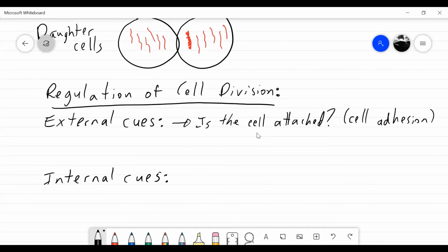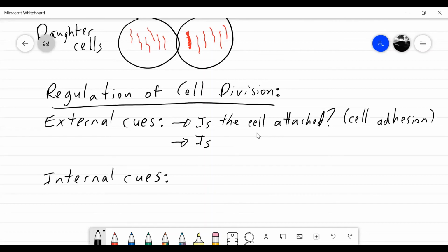Why does the cell have to be attached to something? Because this is actually the normal state of human cells. Most of our cells are attached to something else, right? We've got connective tissue attached to bone, you've got tendons and the ligaments, and all these things are attached. And if they're not attached, you can't have a cell floating around your body just growing and dividing willy-nilly, right? That would be bad. That would be cancer, and that's not good. So it has to be attached to something.